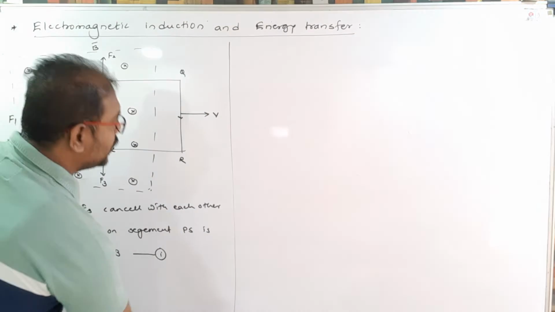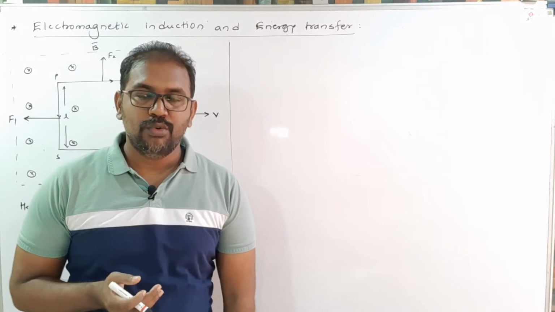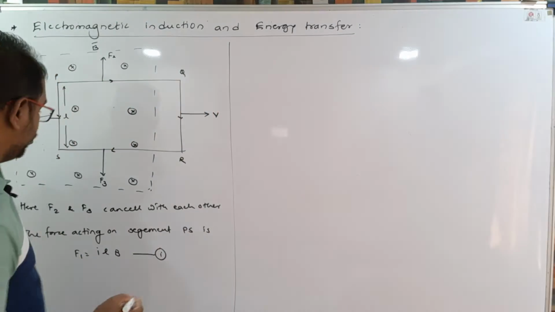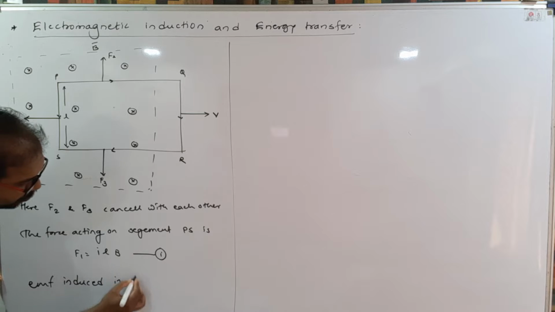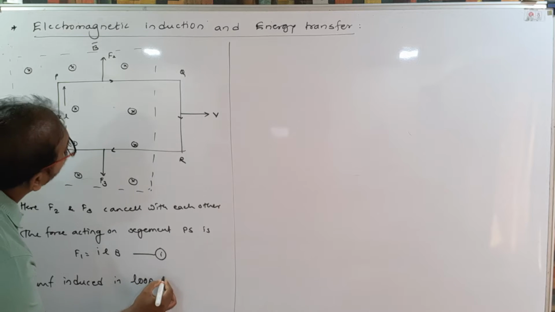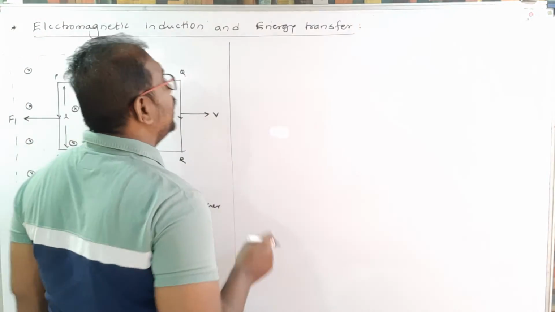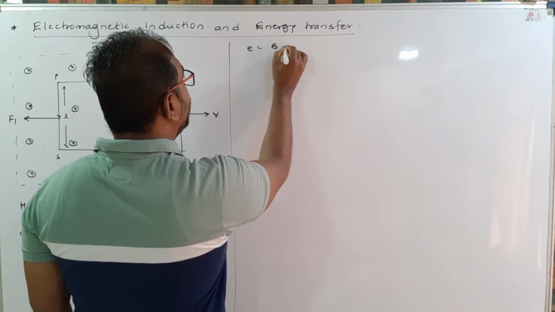Now when we pull this wire loop, an EMF is induced and a current is induced. The EMF induced in loop PQRS is given by the formula E = BLV.